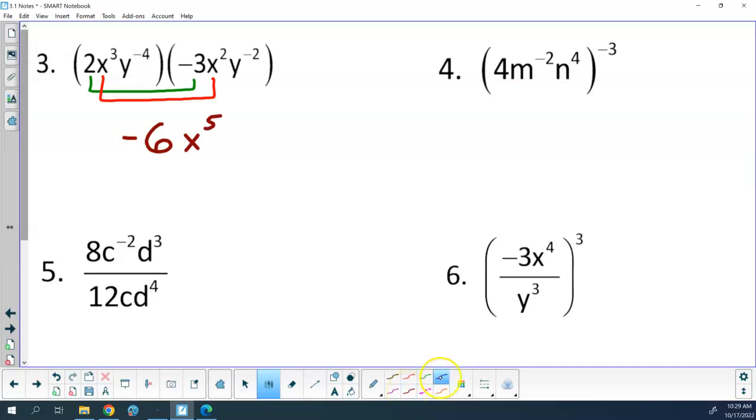And then lastly, I'm going to take the y's, y to the -4th times y to the -2nd. -4 plus -2 is -6, but I don't like y to the -6. So instead of writing y to the -6 there, I'm going to write 1 over y to the 6th power.